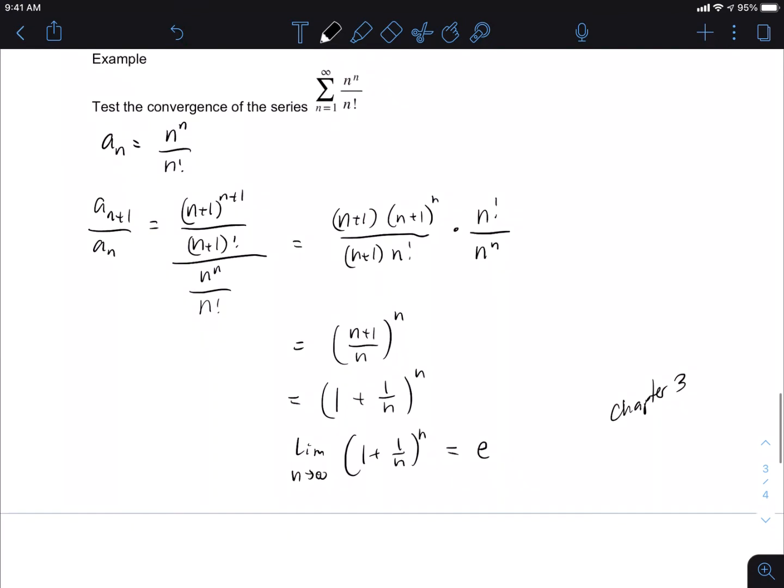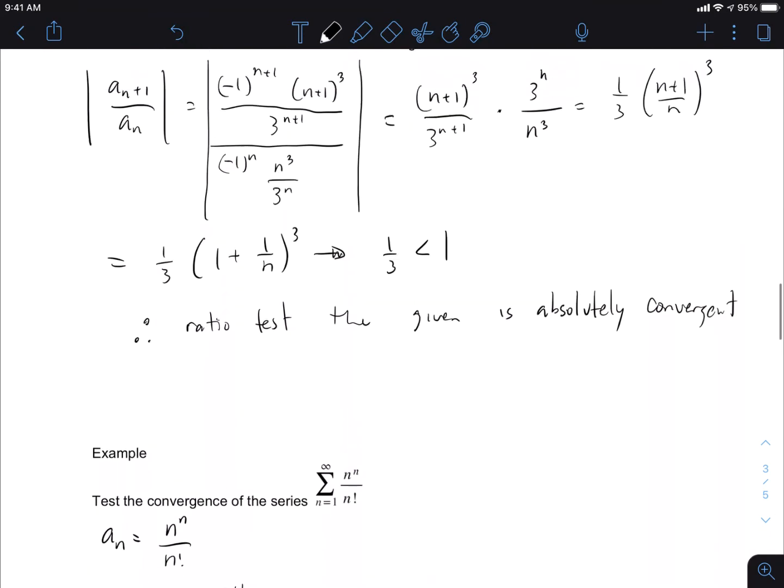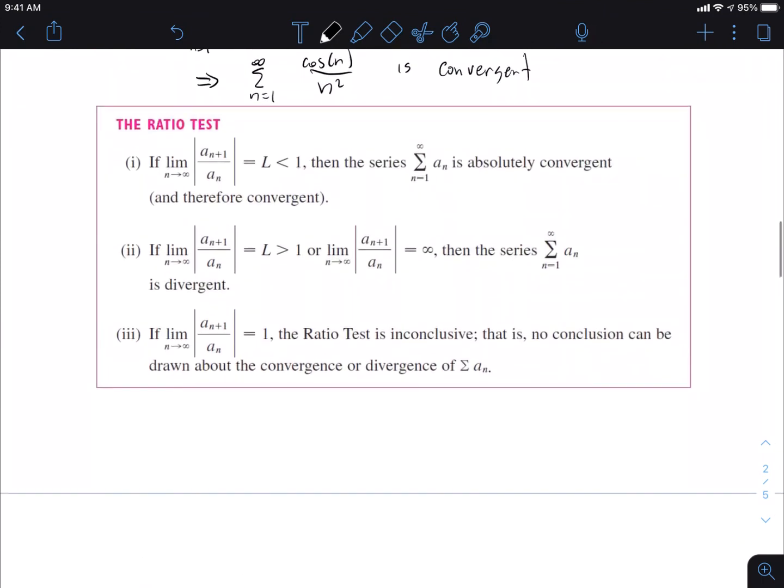So what we see is since e is greater than 1, in fact, chapter 3, section 2, you'll be able to find the definition of that. Since e is greater than 1, right? E is greater than 1. That's the second case. It tells us that we're going to be divergent.